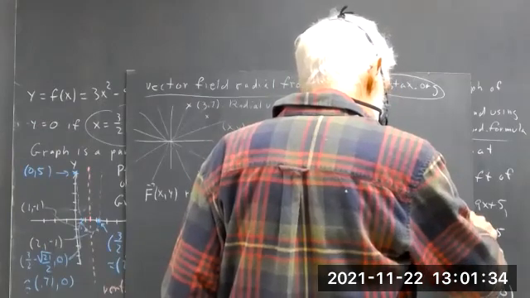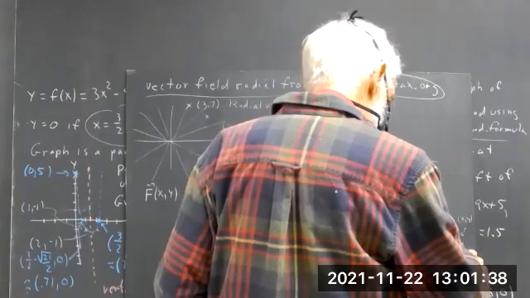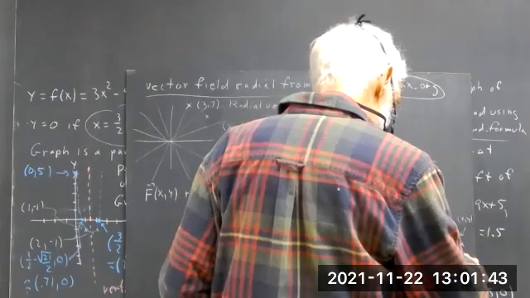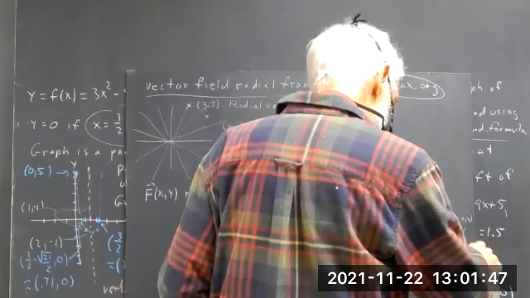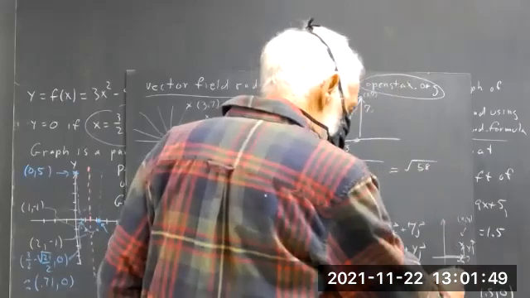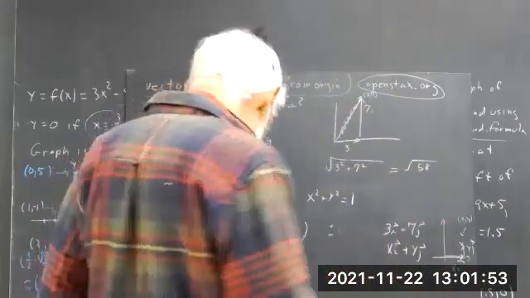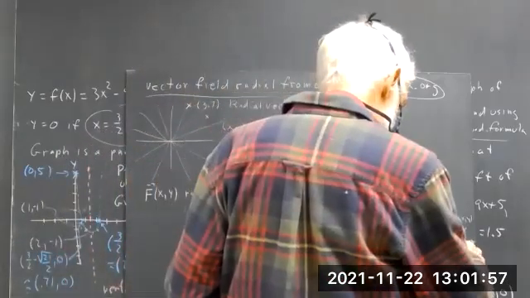Here's the point x, y. Here's xi. Here's yj. And that's pretty small. And you call it right here, the vector.